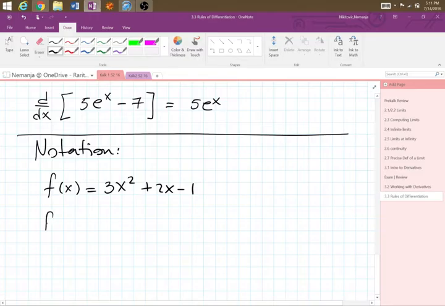So you say f prime of x is equal to 6x plus 2. The exponent will drop down, so 3 times 2 is 6, x, 2 minus 1 is 1, so x to the 1, and then plus, derivative of x in the middle term is 1, so 2 times 1 is 2, and then derivative of negative 1, which is constant, is 0.